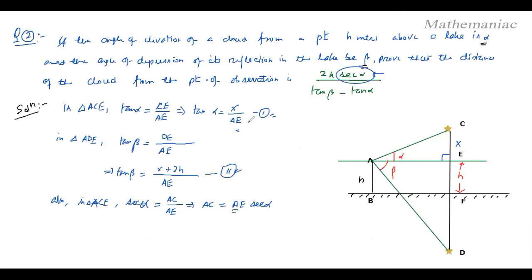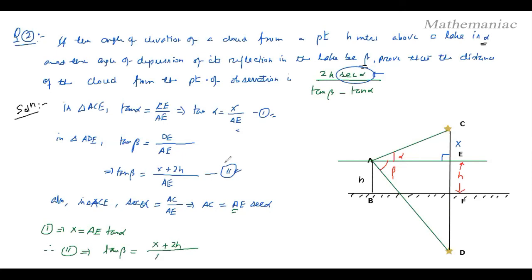So from 1, what you can find as X, I could have kept this result like this only, AE tan alpha, and this you apply in number 2. That will give you tan beta equals X plus twice H divided by AE.